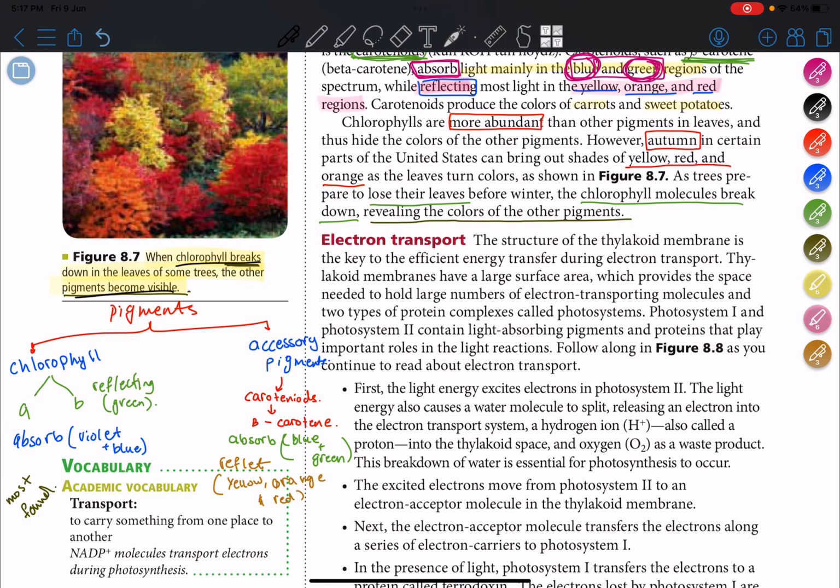How do these pigments work? What are our products? What is this process called? And all of the information that we need to know to understand the process of the light-dependent reaction.